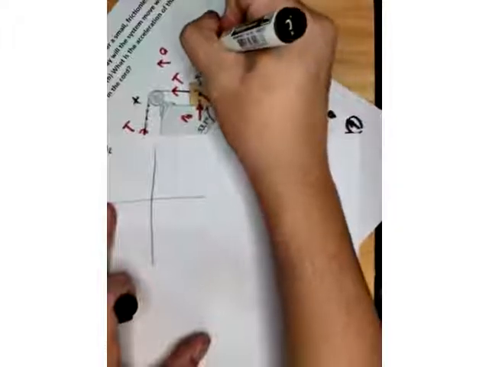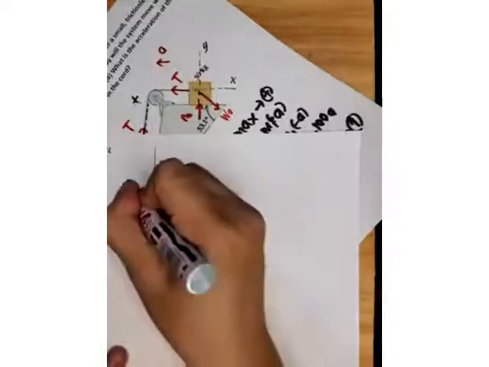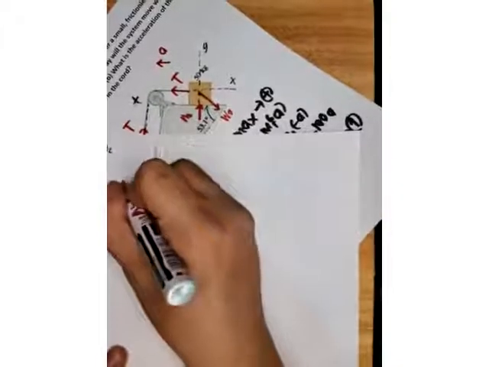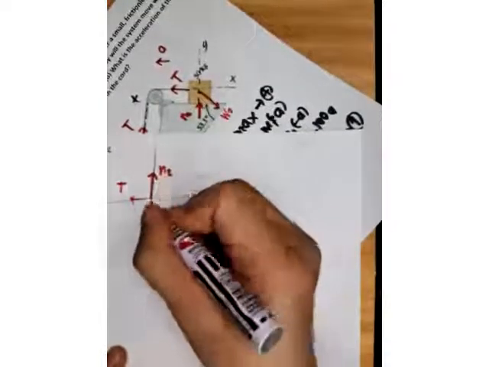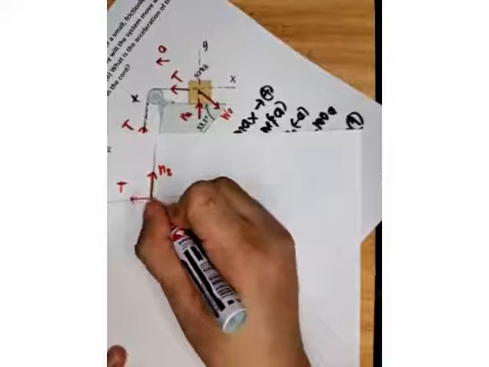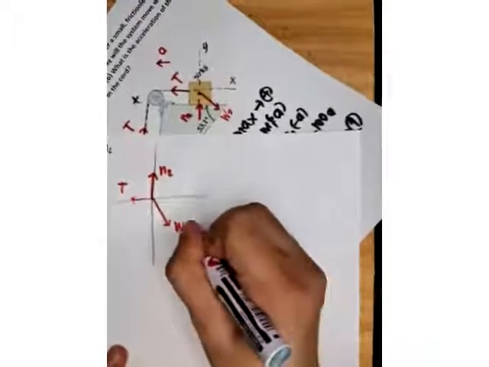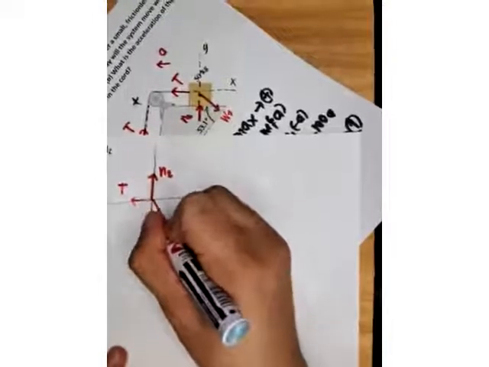So, ito yung x-axis natin. Ito yung y. Ayan. So, let's draw the forces. So, tension is here. Normal 2. And then weight 2 is on the fourth quadrant. Ayan. Weight 2. And then angle is here. So, that's a 53.1. Okay.